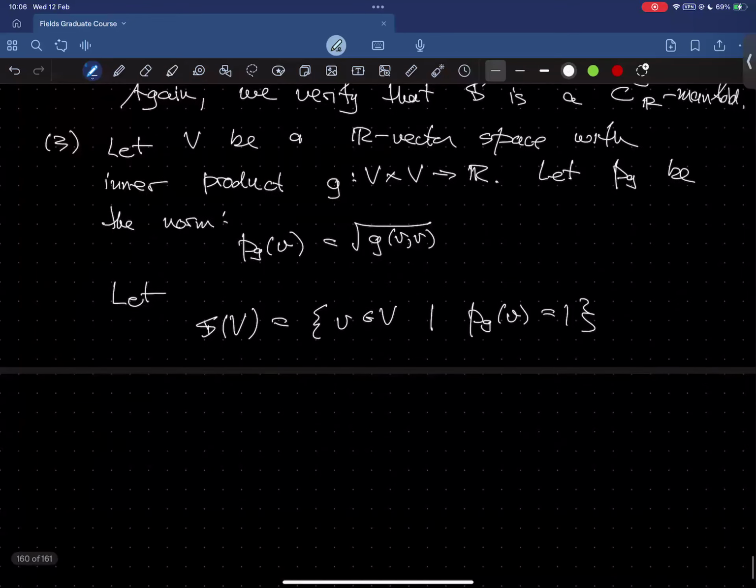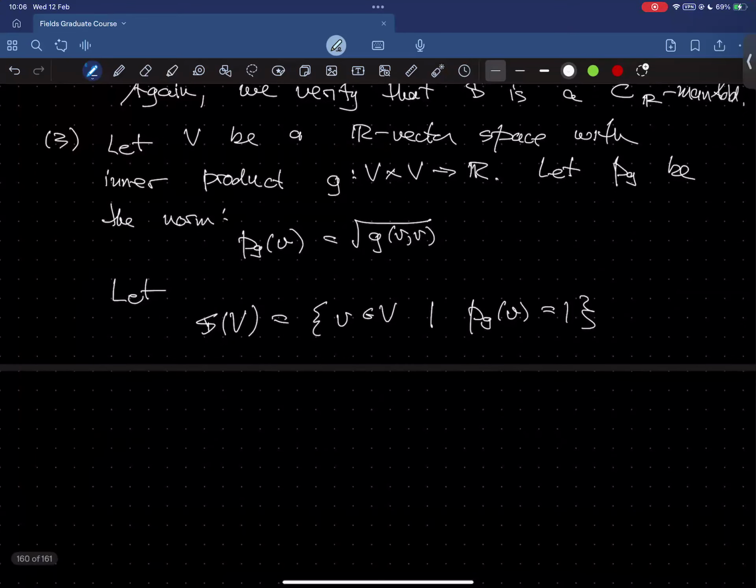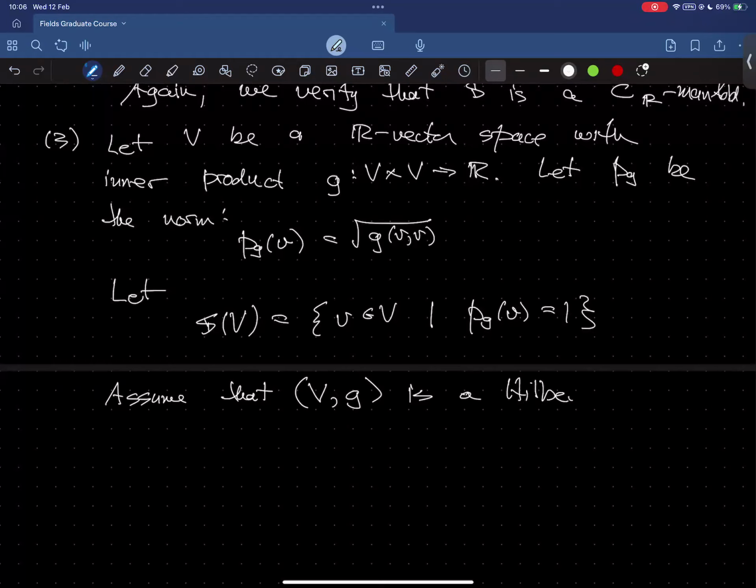And we're going to assume that V, G is a Hilbert space. If you haven't seen that word before, and I don't remember if we mentioned the word in this course yet or not, all that means is that V with the norm defined by the inner product is complete.